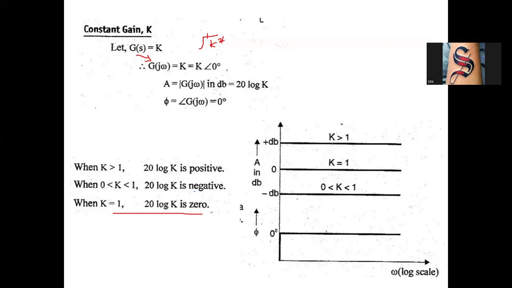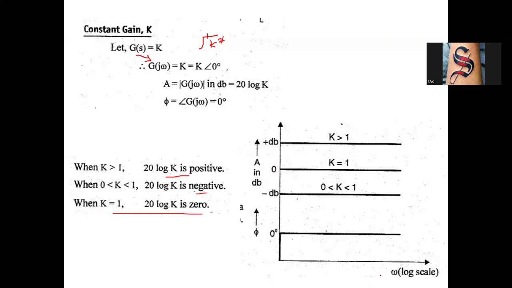If K is greater than 1, we get some positive value. And if K lies between 0 and 1, we get negative decibel values. So K equal to 2 gives positive decibels, and K between 0 and 1 gives minus decibels.